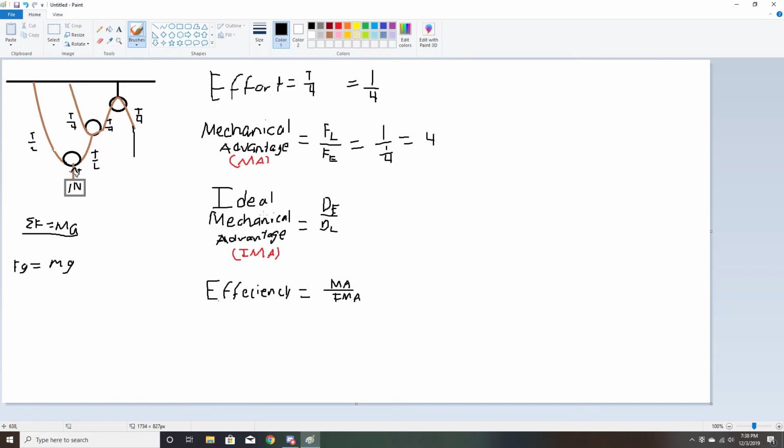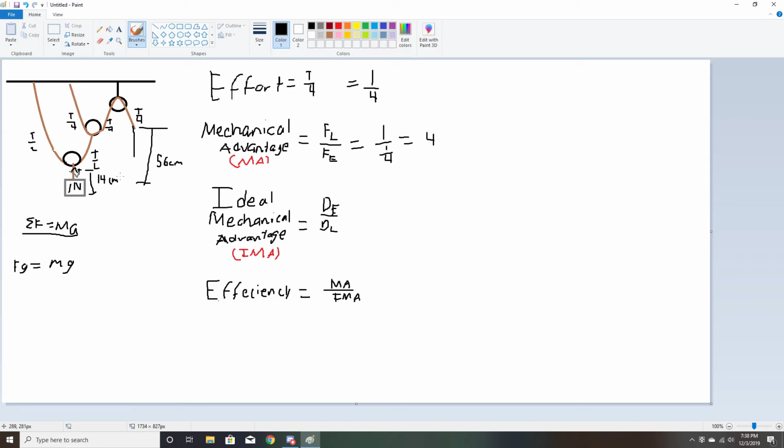Now, we have ideal mechanical advantage. When I pulled down the rope, this went all the way up until it could not go anymore, and I measured it. It went 56 centimeters. Since I pulled down 56 centimeters, the box, in real life, went up 14 centimeters.